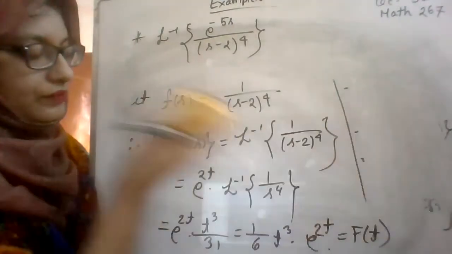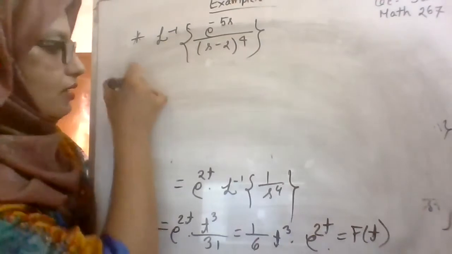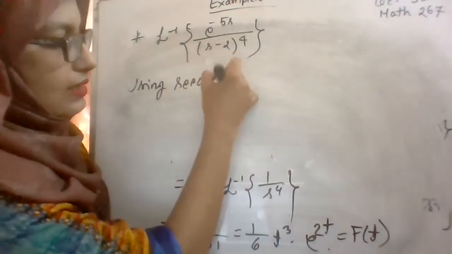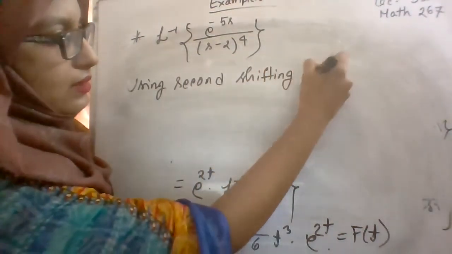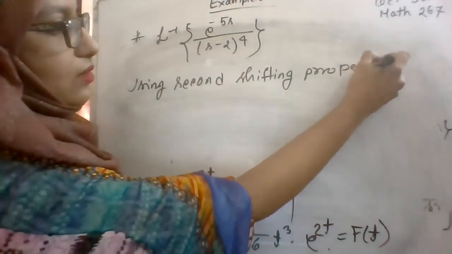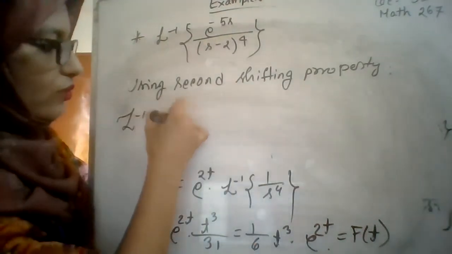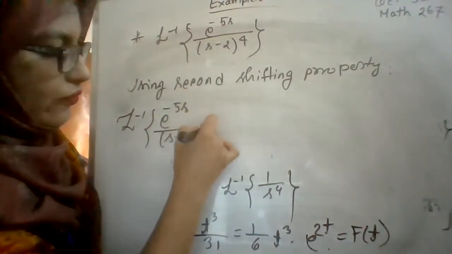Now, we will use the second translation property, using the second shifting property. So what will be the result? Inverse Laplace transformation of e to the power minus 5s divided by s minus 2 to the power 4.